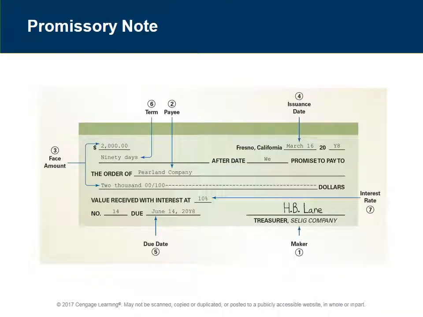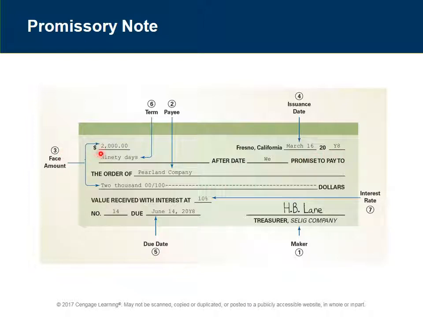This is what a promissory note would look like. We looked at this in part 1 of 3, but let's look at it again. First, we show in this that we've got a specific company called the maker right here. And then we show over here who it's being paid to.